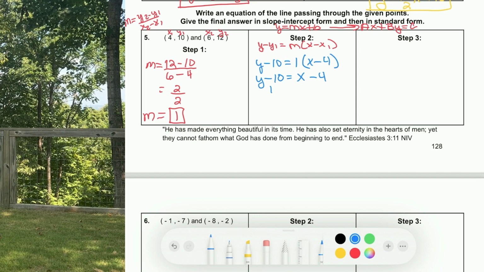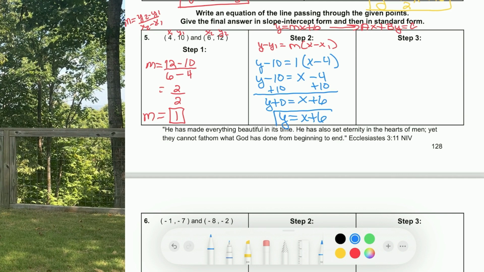So now I need to add 10 to both sides, and I end up with y plus 0 equals x plus 6. So y equals x plus 6 is our equation of a line in slope-intercept form.